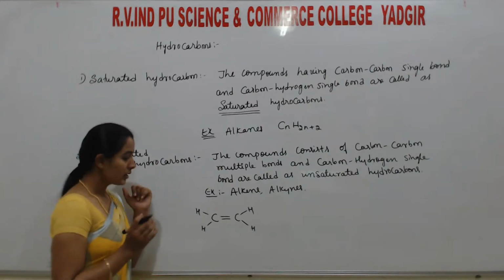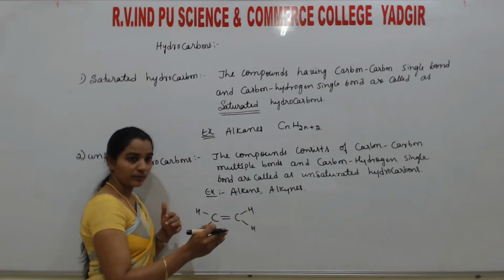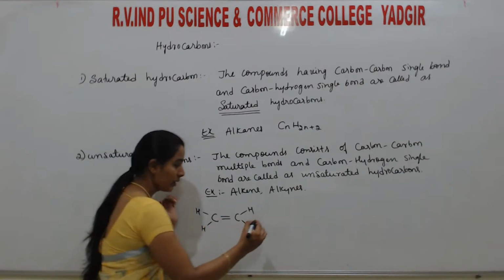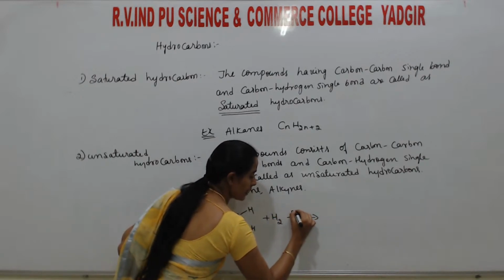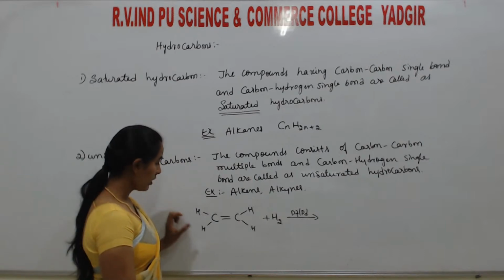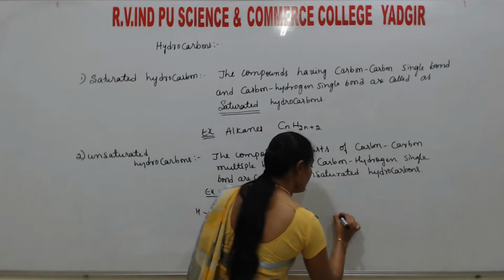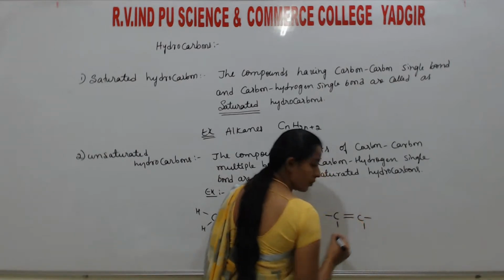Unsaturated. Why? So listen. If any extra atom is to be added, if we add hydrogen here in the presence of platinum or palladium as a catalyst, then of course it forms a single bond; here a double bond is there.